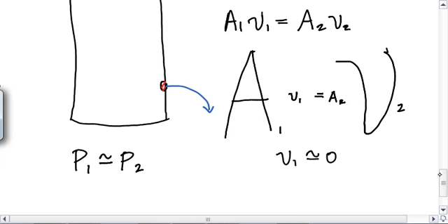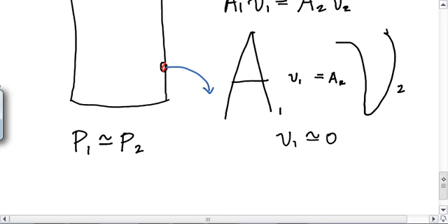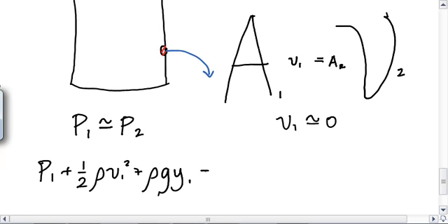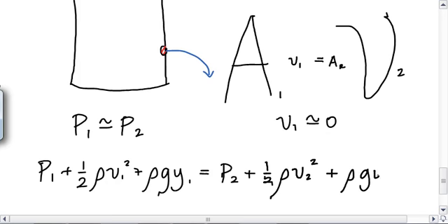Now, if we put all these conditions together with Bernoulli's equation, that was P1 plus 1/2 rho V1 squared plus rho g y1 is equal to P2 plus 1/2 rho V2 squared plus rho g y2.